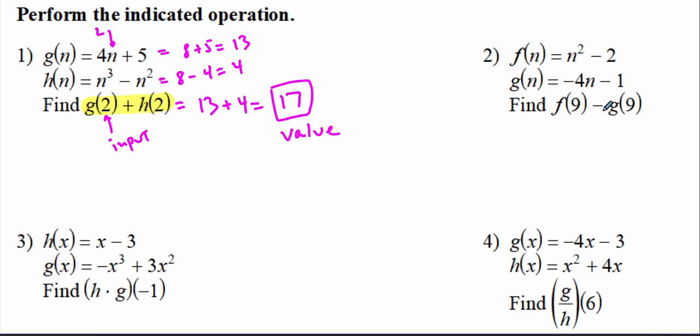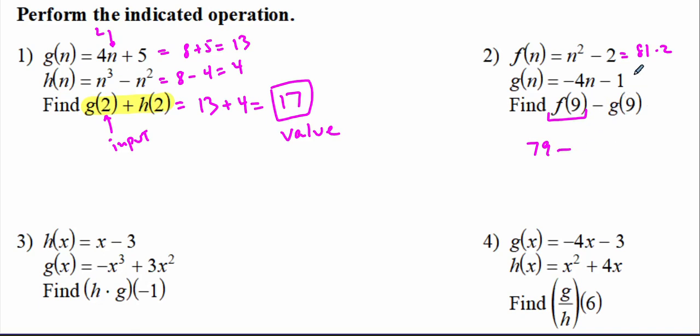Now I'm just going to fly through this a little quicker, because if these become plugins, this really becomes pretty quick. So 9 in here, so this is 81, right? 9 minus 2, so that's 79. So this part is 79, followed by a minus, and you have to be careful about the minus part.